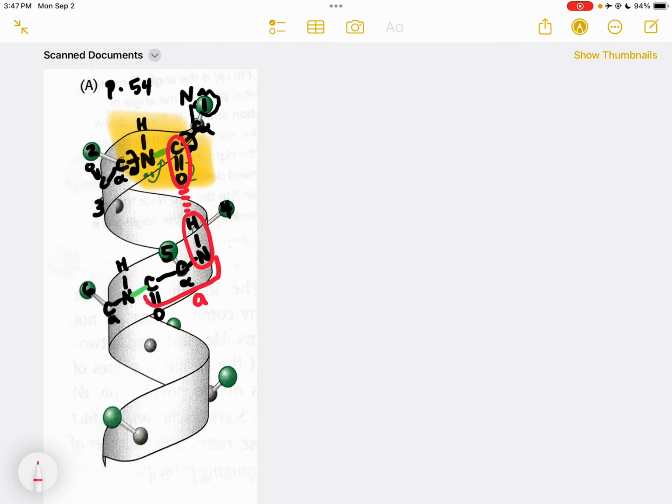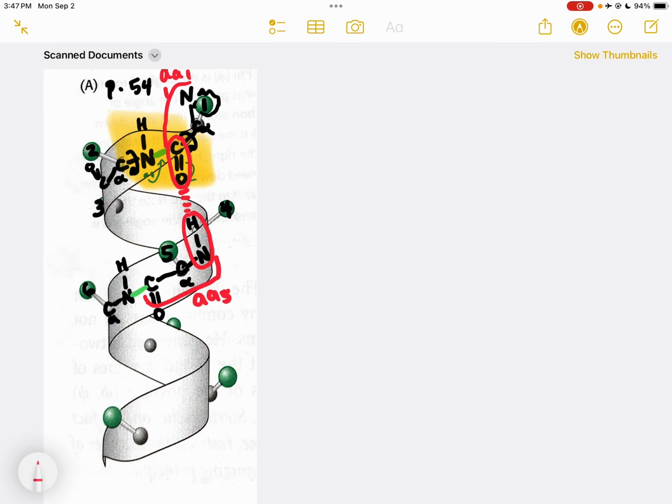Here's amino acid 5 with the 5, R group is 5. And up here we have the amino acid 1 with the 1 R group on it, R group number 1. And notice that there's this hydrogen bond between the carboxyl group of 1 and the NH of the 5th one.